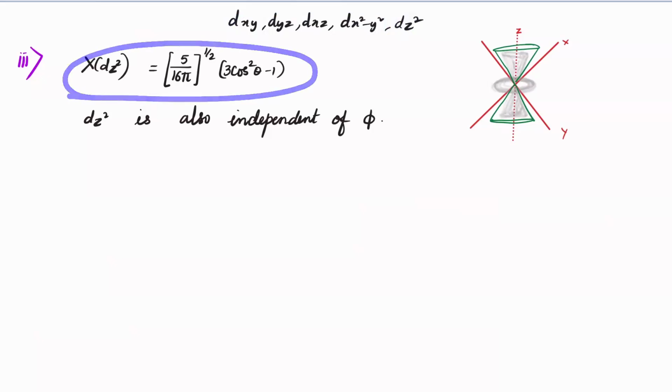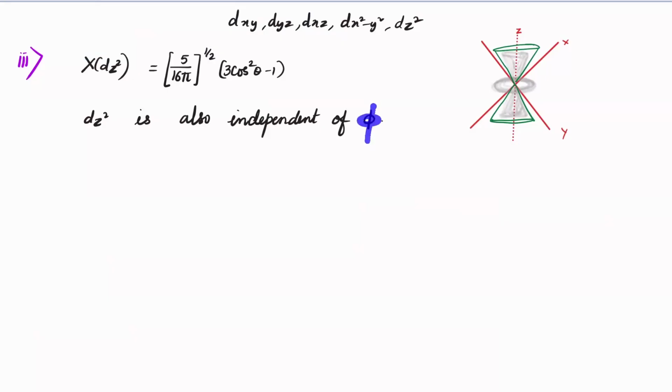You can notice the dz square is independent of phi. It is not dependent on phi. Which clearly suggests that the lobe should not be present on the x-axis or on the y-axis. It should be present only across the z-axis.